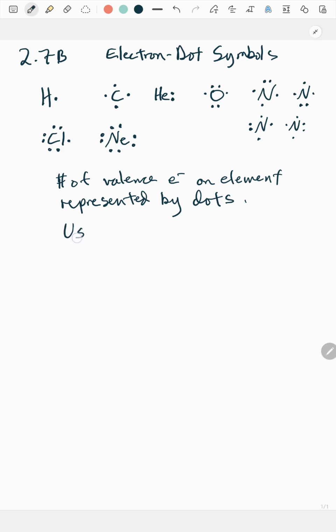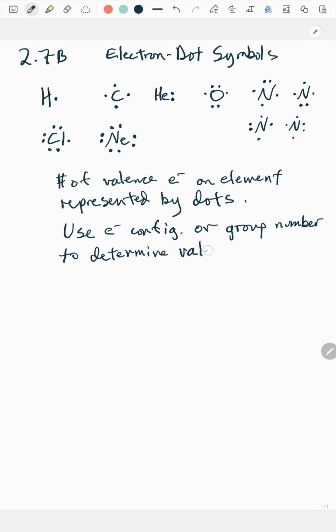And you can use the electron configuration or the group number, because you know everything in the same group has the same number of dots, to determine the number of valence electrons or dots.